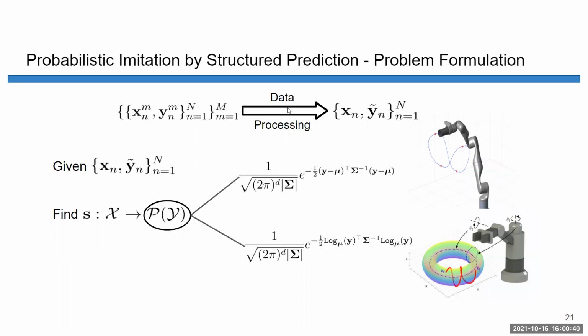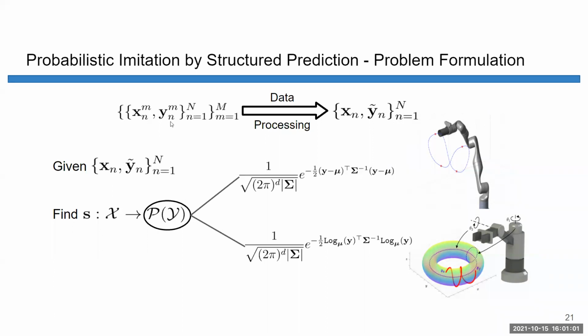So our problem here is that given this probabilistic data set, we want to find a mapping rule S such that given an input X, the output is a probabilistic distribution P of Y.